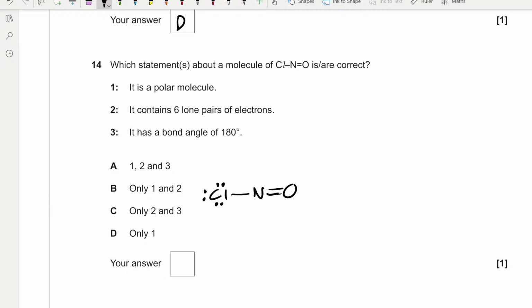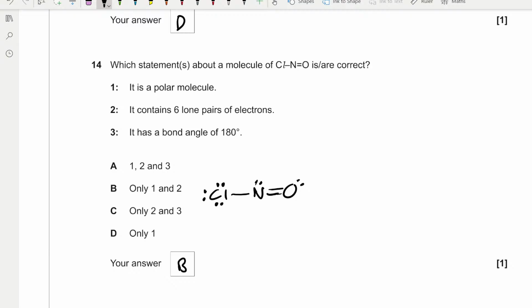Then if the nitrogen gives up 2 electrons to this double bond, that leaves it with 1 lone pair. And then if oxygen gives up a pair of electrons, that leaves it with 2 lone pairs. No, sorry, 1 lone pair. So then it gives us answer B.